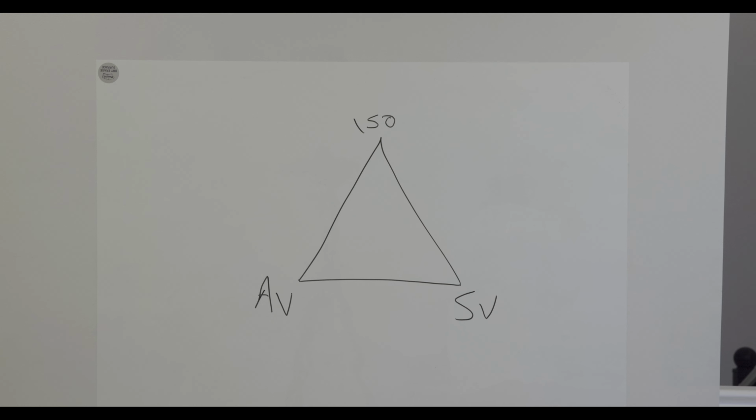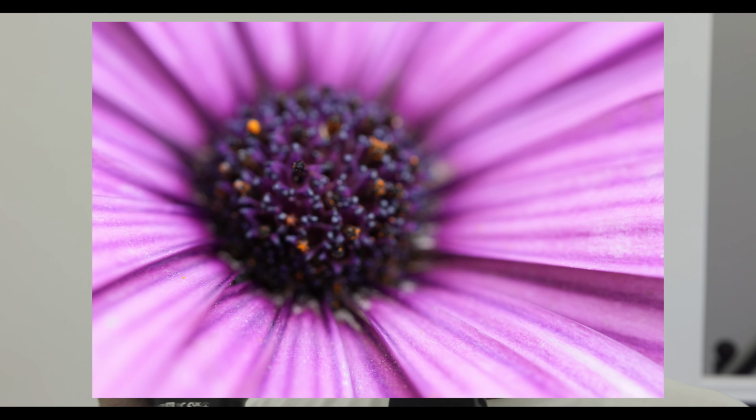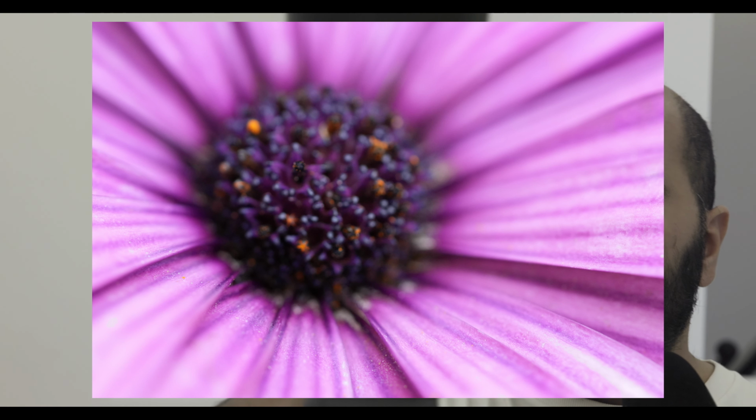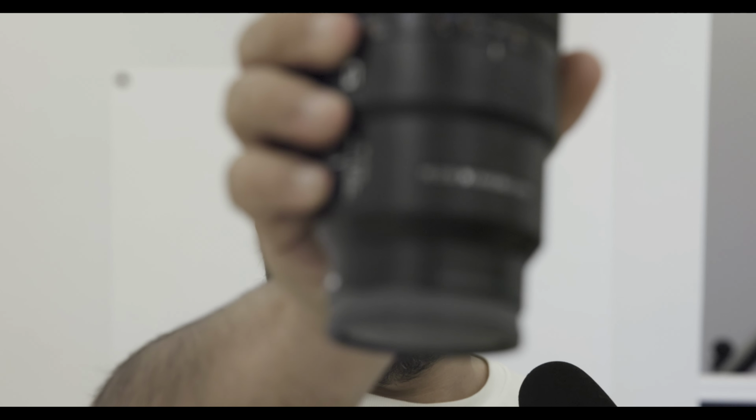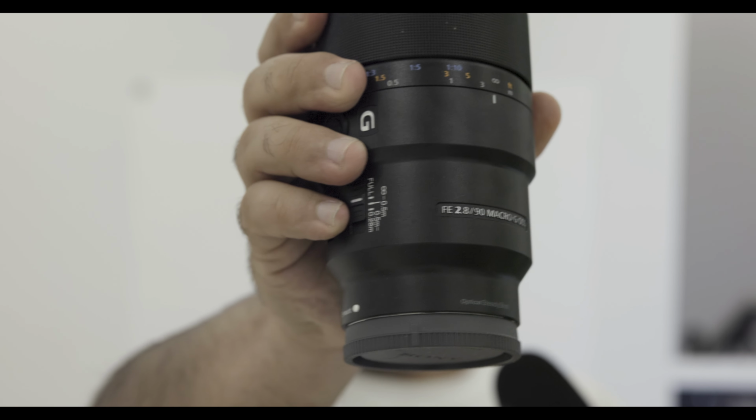The last thing that we want to talk about is macro photography, like this lens. So this lens has 90 millimeter, and it shows you the fine details of very close subjects.